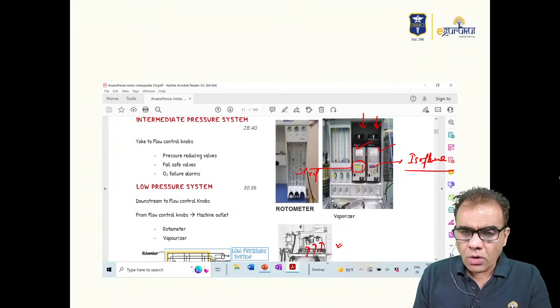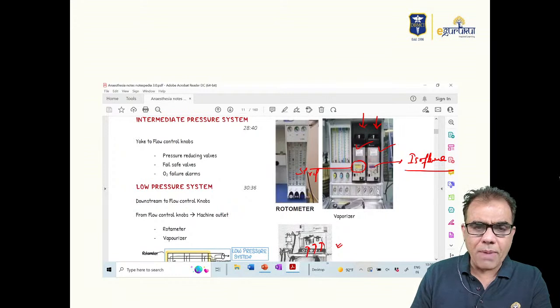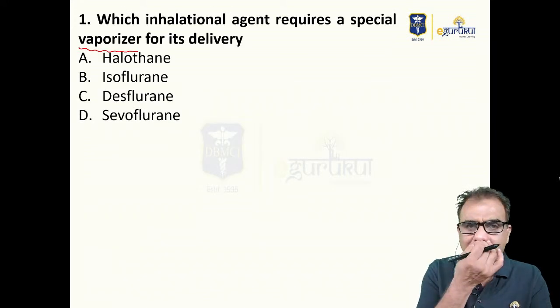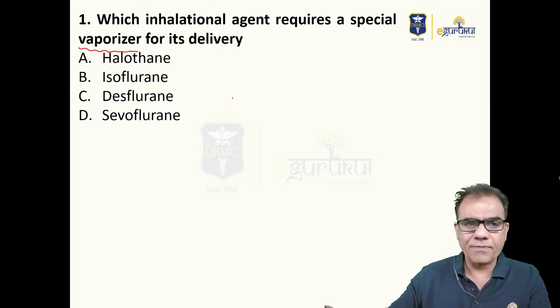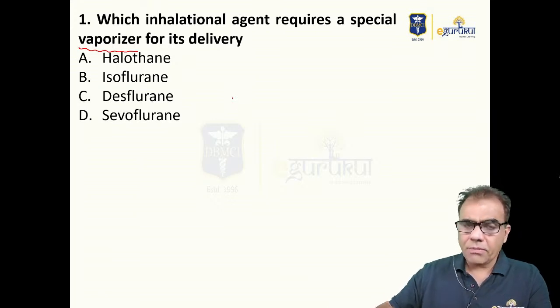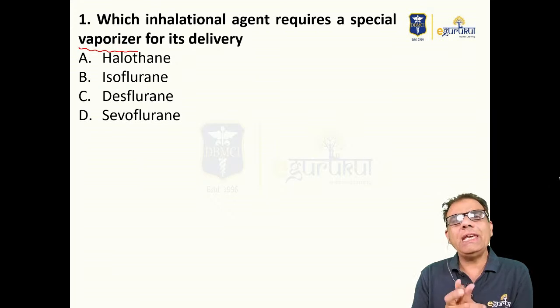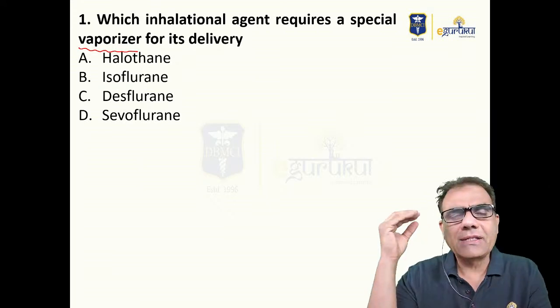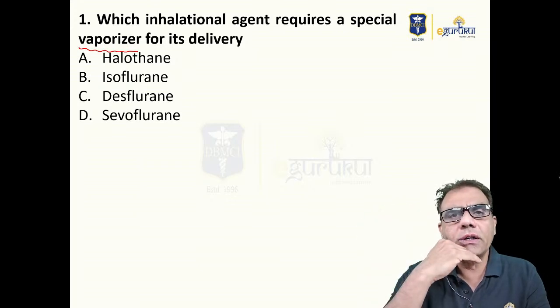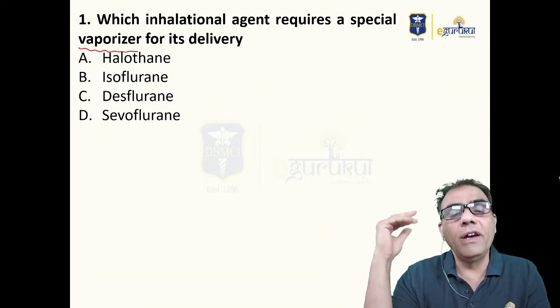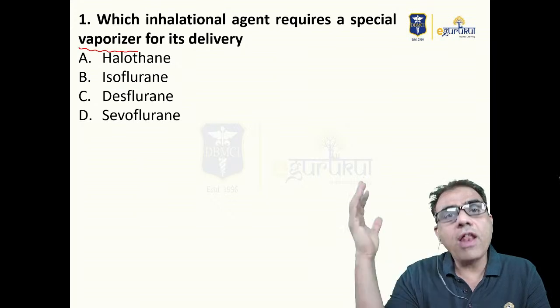Now, let's come back to our question. Which inhalation agent requires a special vaporizer? Actually, desflurane is unique among all these inhalation agents in that it has a very low boiling point. Boiling point is around 23 degrees centigrade, and very high vapor pressure.